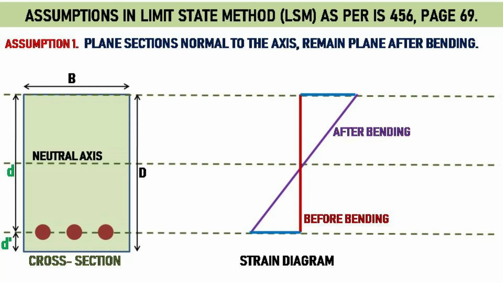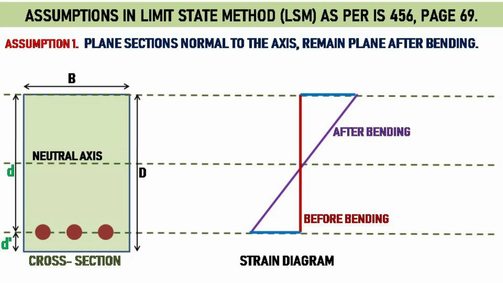Slide 18. This figure shows the strain diagram for a rectangular cross-section, which is linear. The line joining the locus of all the neutral layers in a cross-section is termed the neutral axis. The strain diagram before bending is shown as a red line, whereas after bending it is shown as a blue line. The area above the neutral axis is subjected to compression, and considering compression as positive, the strain diagram moves towards the right.